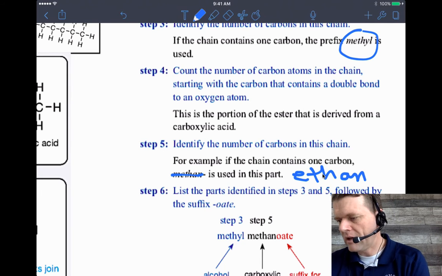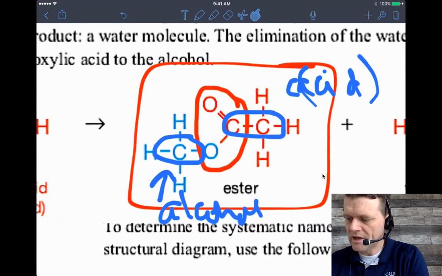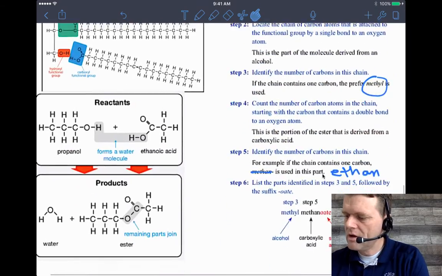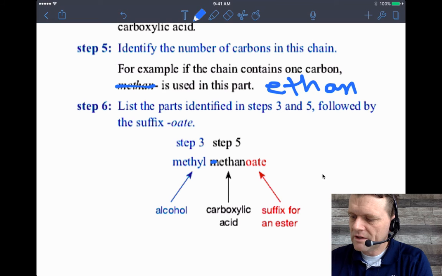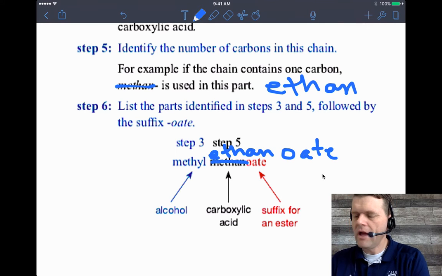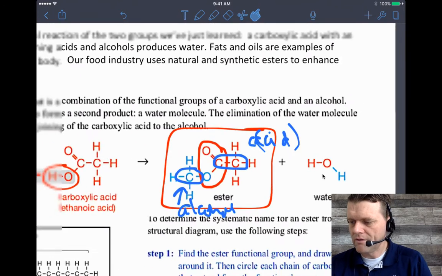So if I copied this example, but we're actually naming what I've been focusing on here, we're naming this ester right here. It has two carbons at the end. So then we would combine both of those. So here in step 3, it is methyl, but the carboxylic acid isn't methane, it's ethane. So then we would add the OATE ending. So it's methyl ethanoate. Methyl ethanoate would be the ester that I was playing around with right here. Okay, if that makes sense.